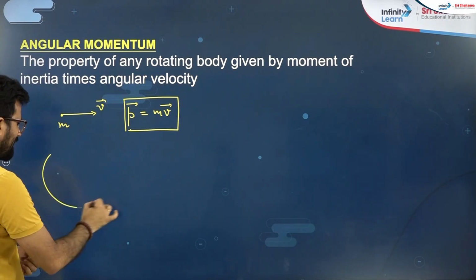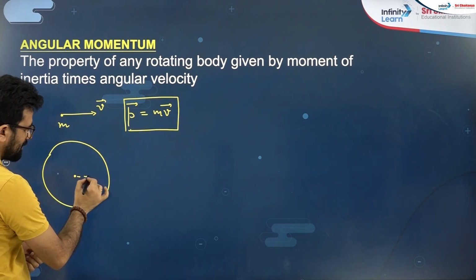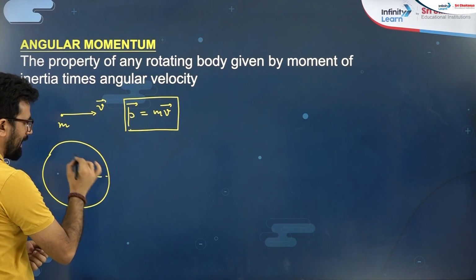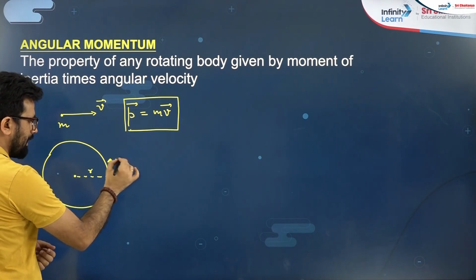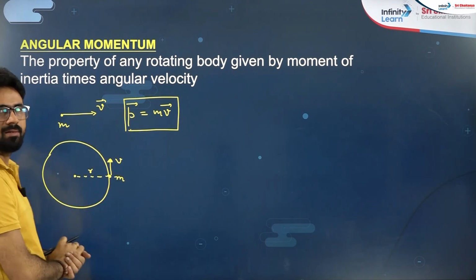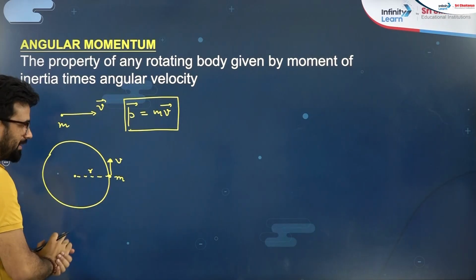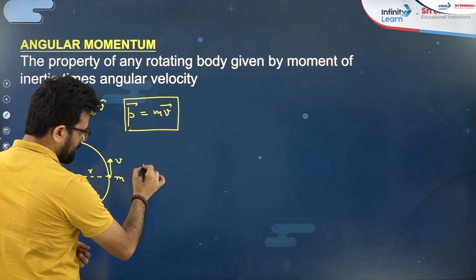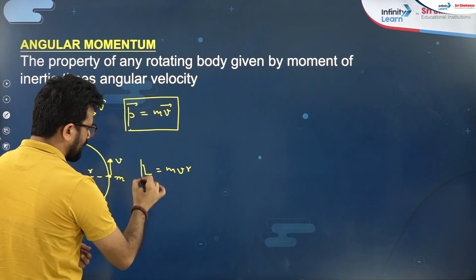Suppose one particle is rotating in this circle, okay. The radius of this circle is r, and this particle is moving with velocity v and has mass m, so we can define its angular momentum. L is equal to m into v into r.